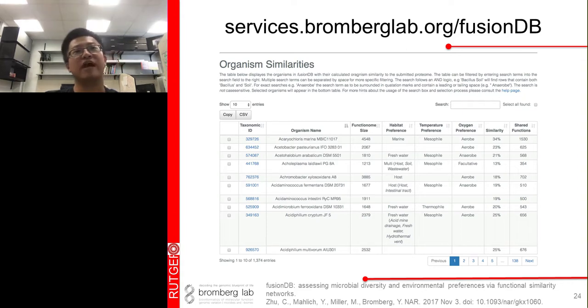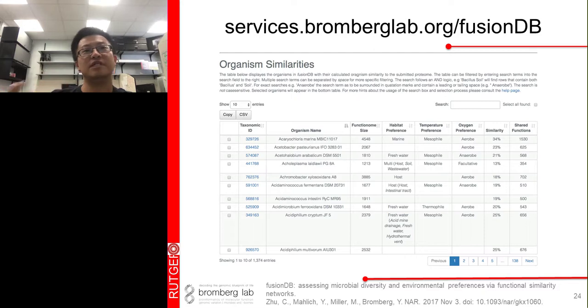And then we will calculate the functional similarity between your query organism and every single reference organism in our database. As you can see in this picture, each reference organism is associated with environmental metadata, which includes temperature, oxygen, and habitat.